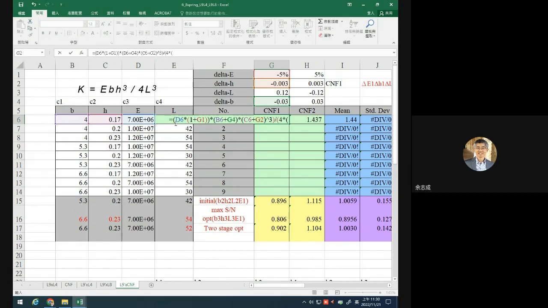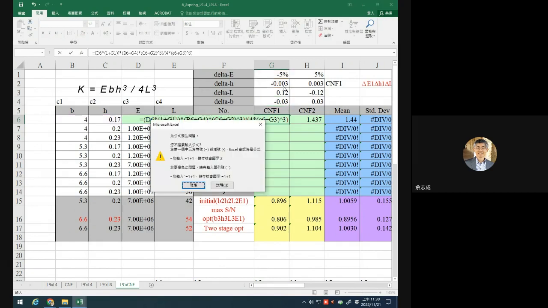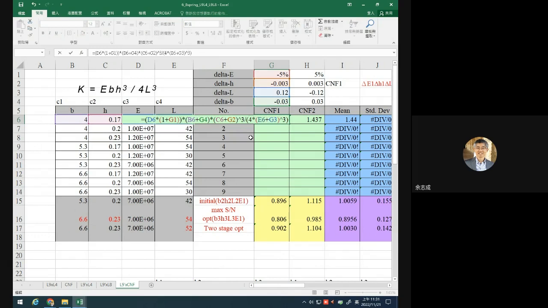E6, it is blocked, so I typed E6 plus the arrow for L, this one. Okay, this is the equation. Oops, something wrong. All right. Yeah, I don't need this quote. Yeah, this should be right.